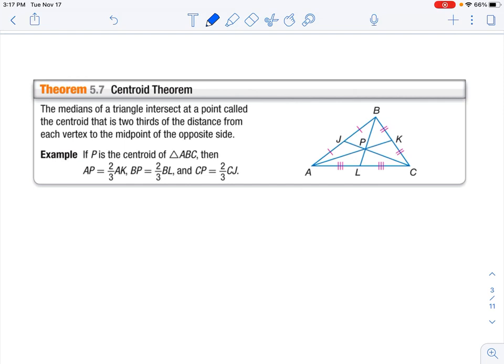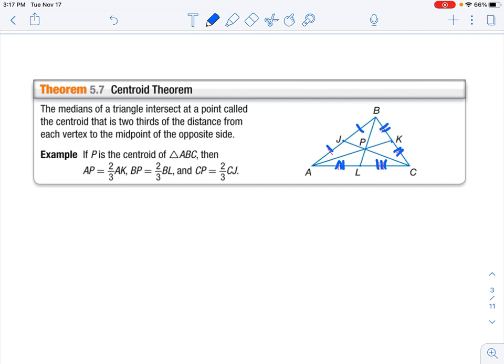So first of all, I want to point out these are all midpoints, L, K, and J. So the segments that it forms are congruent pairs. So that's important to know for the centroids. It's their medians.